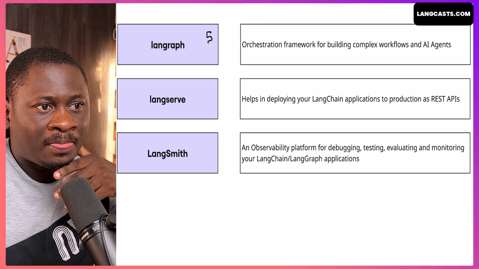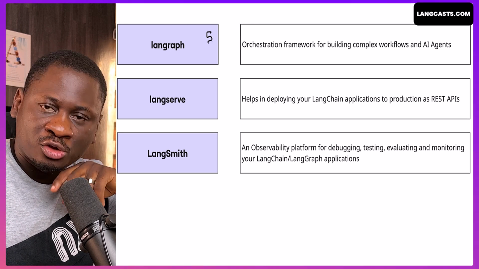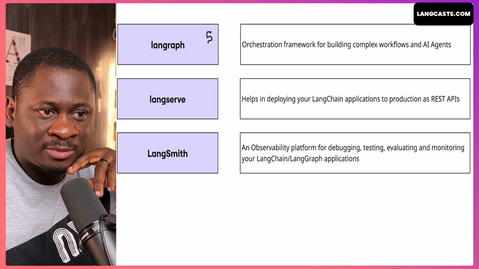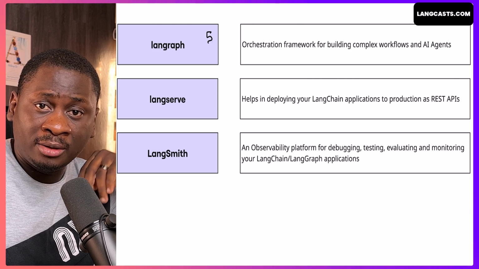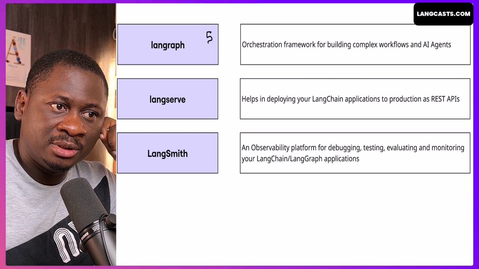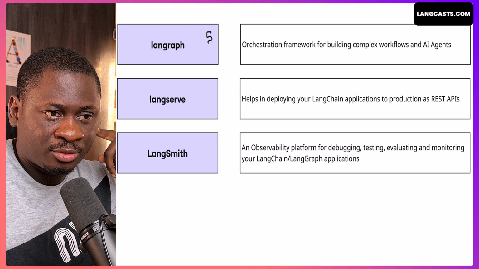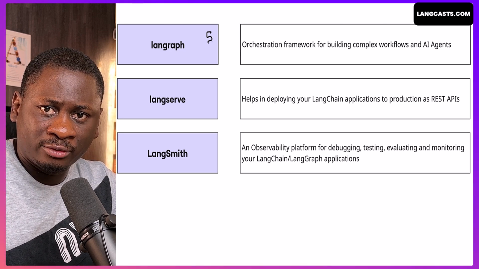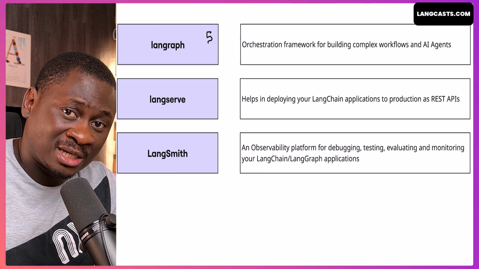In fact, I think as of today, it is the most customizable framework for building AI agents. While tools like Crew AI can be very, very easy to use, Crew AI is beautiful to use, and it can be customized to a very high level, but you still can't customize it as much as LangGraph.